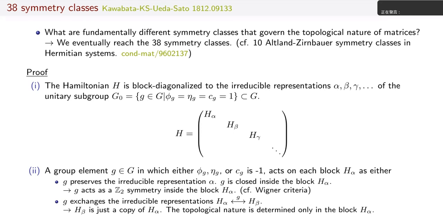In this case, effectively, the symmetry G disappears. Because in this case, the Hamiltonian H beta is just a copy of H alpha by using the group element g. So the second pattern we can forget in the classification.